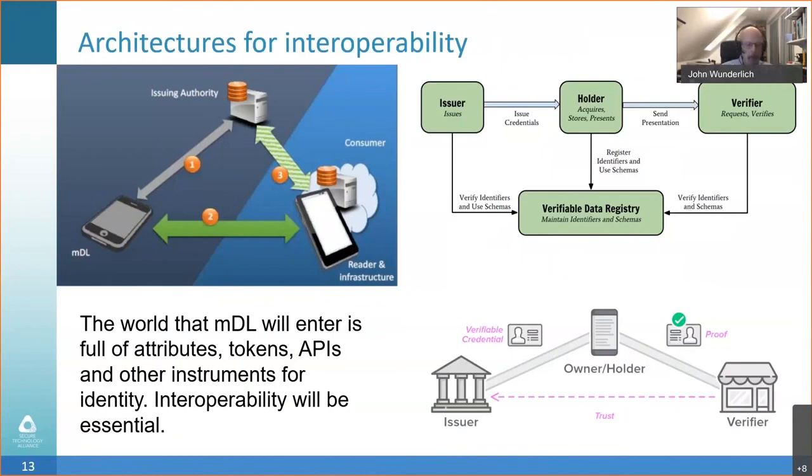I'm reasonably certain, and I think participants in this call would agree, that as each jurisdiction provides an mDL in its jurisdiction, that will be one kind of verified credential or one kind of identity credential or token that most people are going to have on their devices.